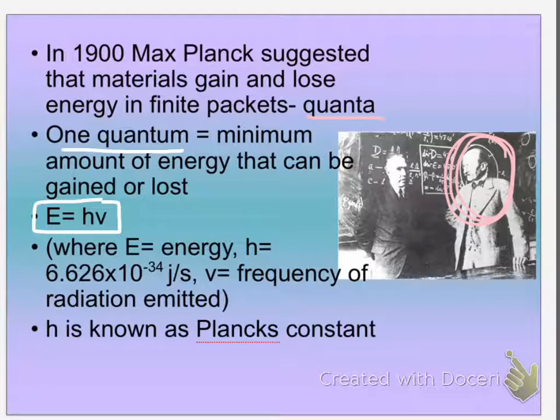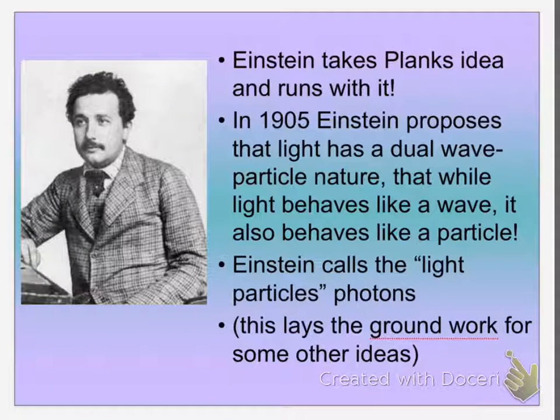So what's he saying? Well, he's saying that energy occurs in chunks, in pieces. Now, this guy, and that there is a very young Albert Einstein, takes Planck's idea that energy occurs in these discrete packets, and he takes it a little further.